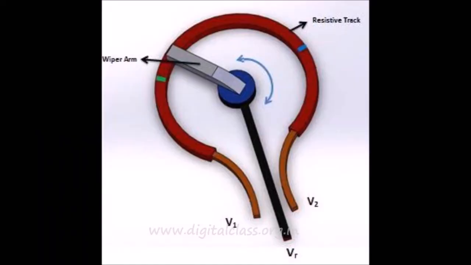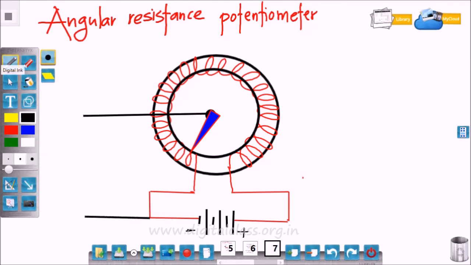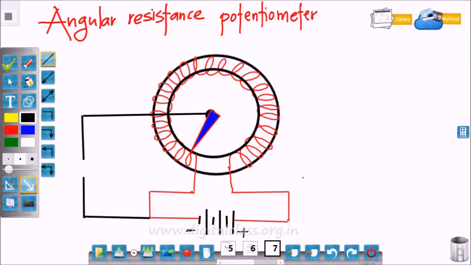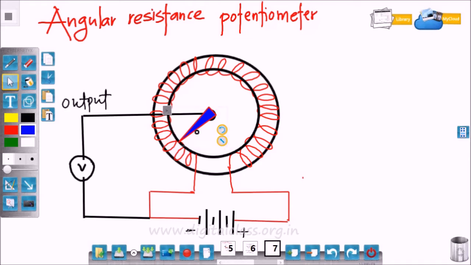Similar to the linear resistance potentiometer, here the pointer rotates about the center, and due to this angular motion of the pointer, resistance changes and voltage is measured between this pointer and the negative potential. You can see it on the diagram.